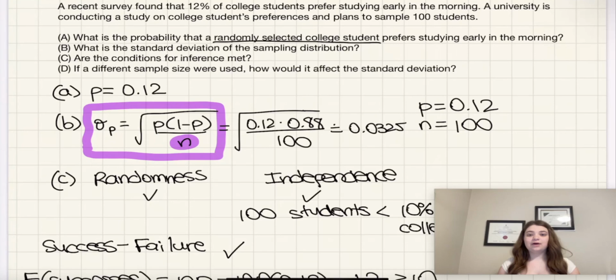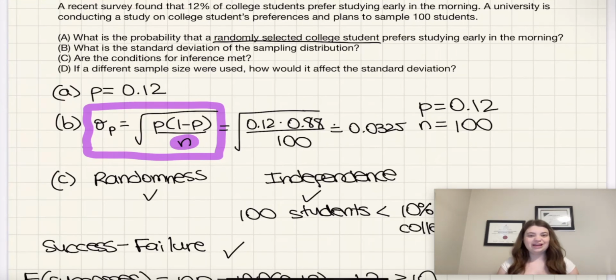Now, I want to talk about, okay, well, how come that is? Well, based on what the central limit theorem states, we know that the larger and larger the sample size, the closer and closer we are to actually approaching that normal distribution. And so if we do a really big sample, like 10,000 college students, for example, that's going to be a lot closer to the normal distribution than if we do a smaller sample.